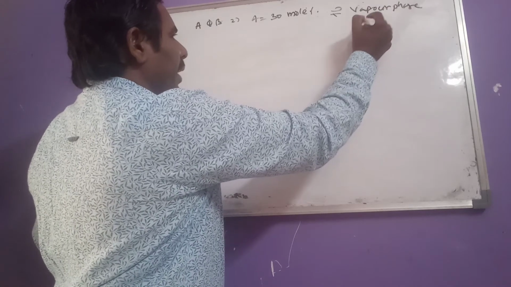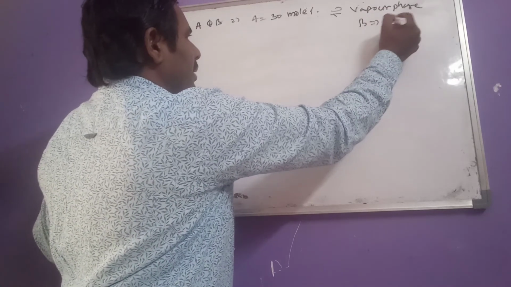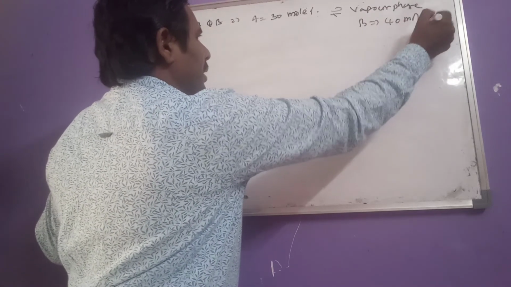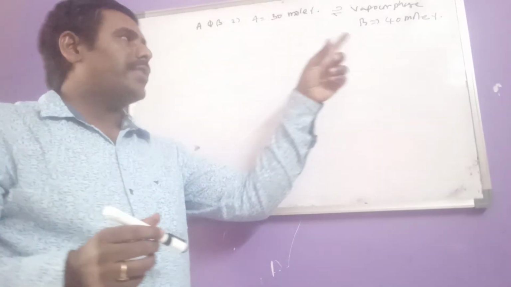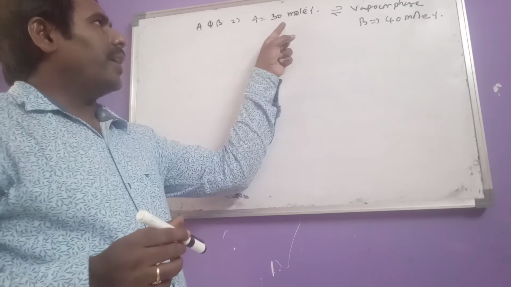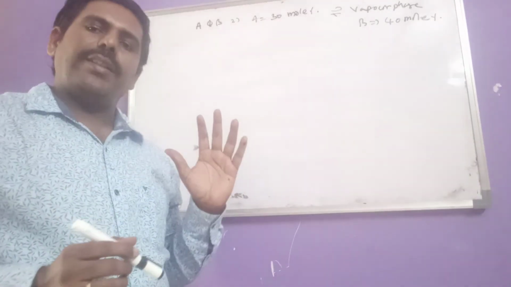In vapor phase, B is 40 mole percent, but A is 30 mole percent in liquid phase.